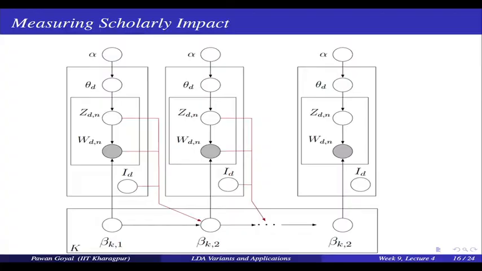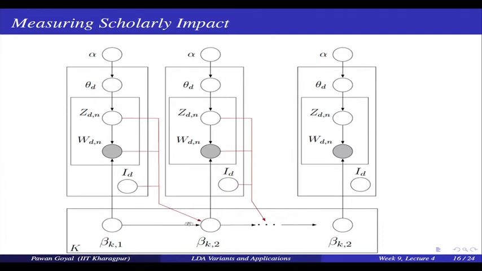Again I make a very small change to the model: now beta k2, instead of depending only on beta k1, also depends on this influence variable, which says how influential this article was, depending on the topic of the article. This variable is there with each document, and when I compute the posterior, I find out which documents get the highest influence. Whichever document gets the higher value will be the influential article.